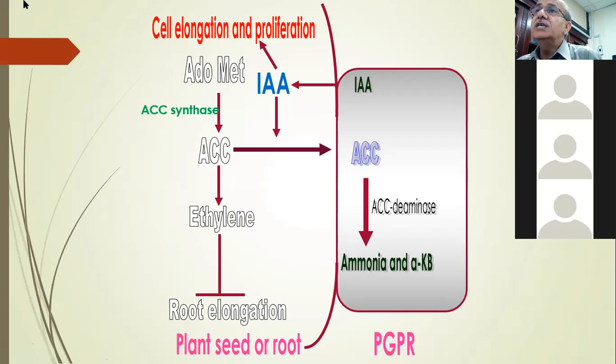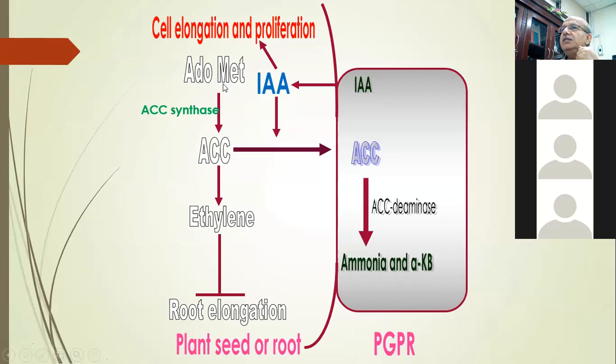Similarly, first adenosine methionine is produced. That is converted into methionine. First methionine is produced, and that is then converted into ACC, 1-aminocyclopropane 1-carboxylic acid, and that is then converted into ethylene. As A is converted into B, B is converted into C. If you remove B, A will not be converted to C, right?